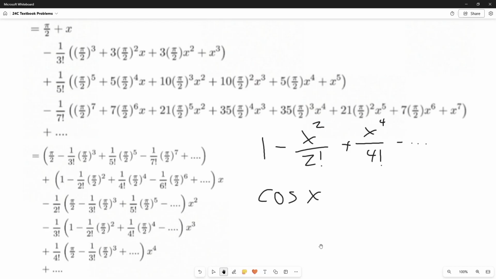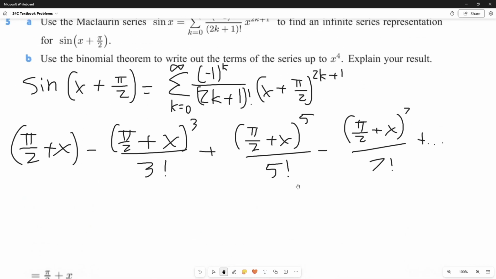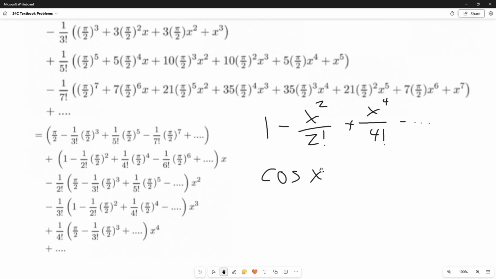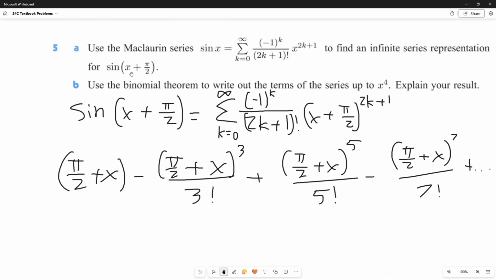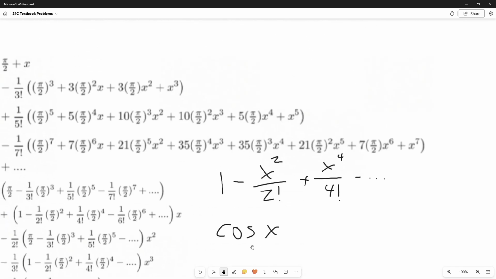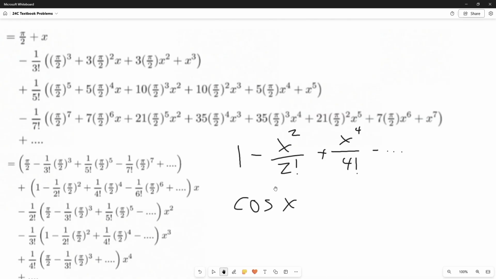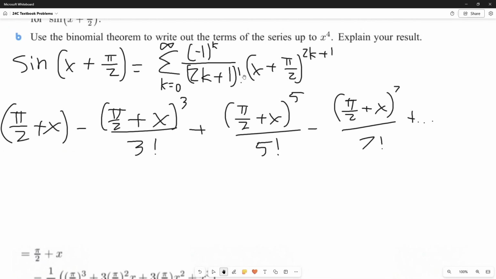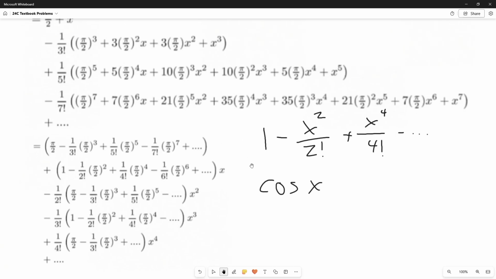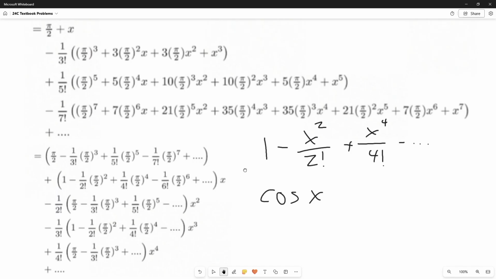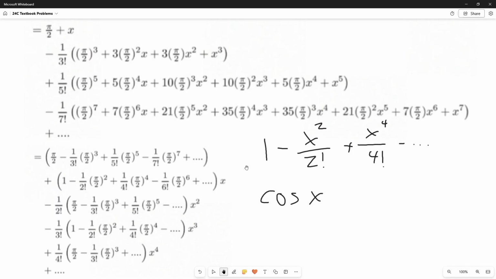And so that's our answer. To explain our result, it is because sine of x plus pi over 2 is equivalent to cosine of x. And that checks out because once we rewrote everything, expanded it out, simplified it, we got this, which is equivalent to cosine of x, which checks out with it being equal. So that explains our result.